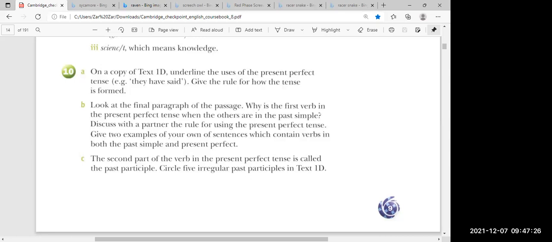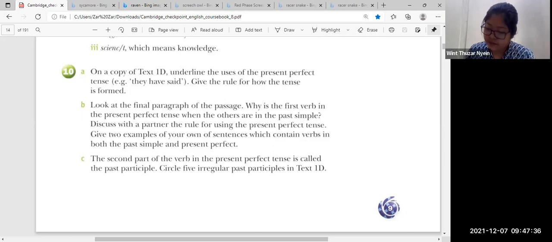He swam across to the island and crawled through the grass to the tree and entered it through a small hole at the bottom. Okay, thank you. Nato already finished, right? Okay.